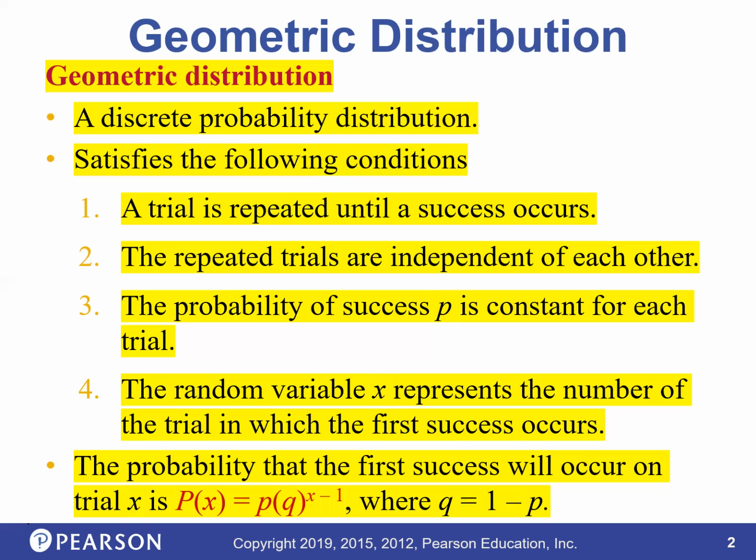Just so we know, here it is. It has to be discrete. Trials are repeated until successful. All trials are independent. The probability is constant.